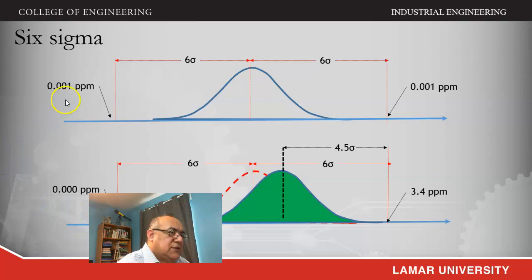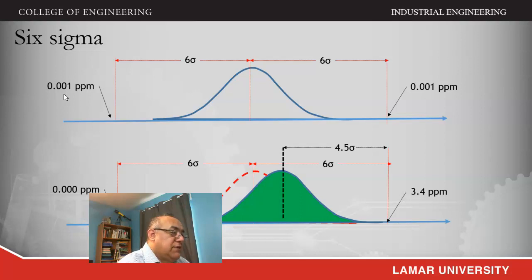Well, the idea is at 6 sigma, you only have 0.001 parts per million defective. But the idea is that even if you have a shift in the process mean of 1.5 sigma, you would still be at 4.5 standard deviations from the specification limits, and that would generate only 3.4 parts per million.